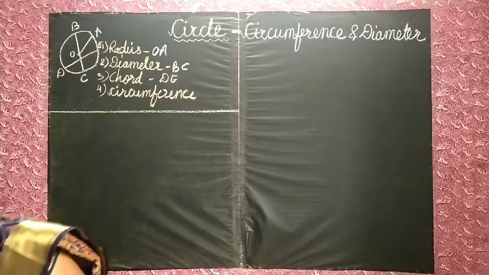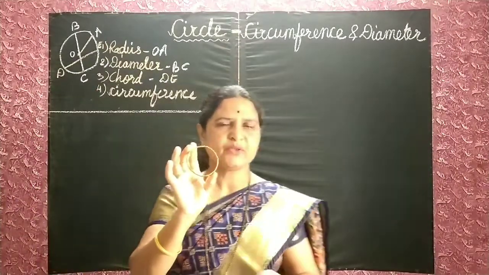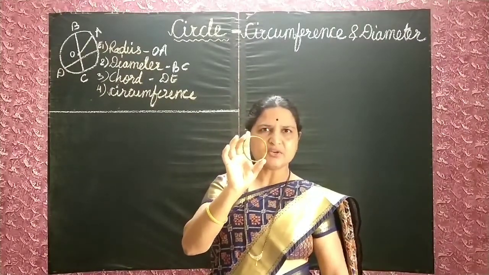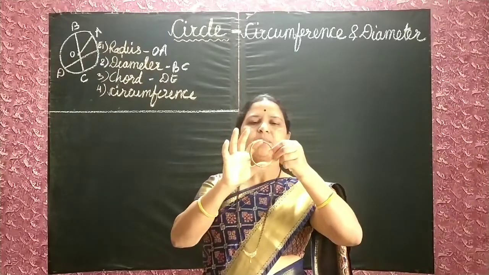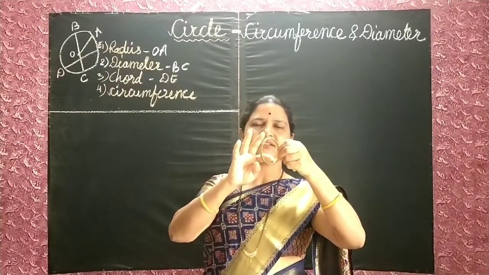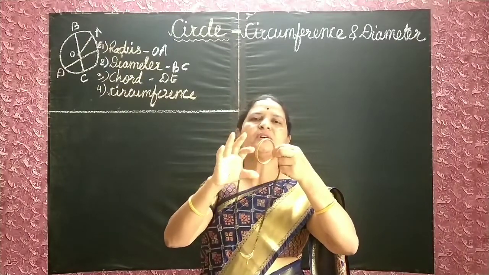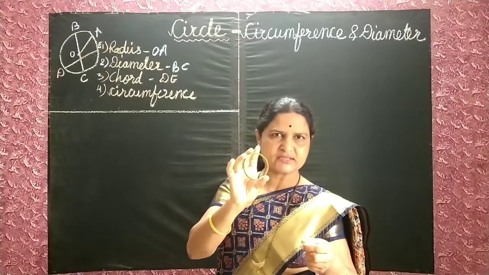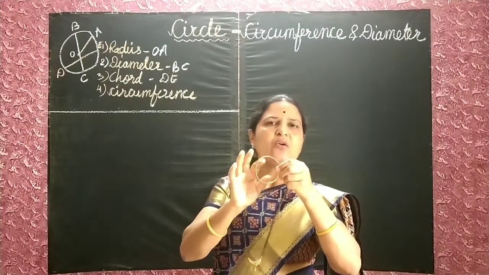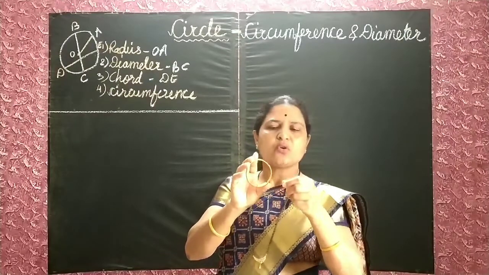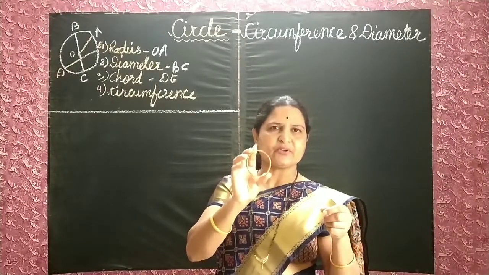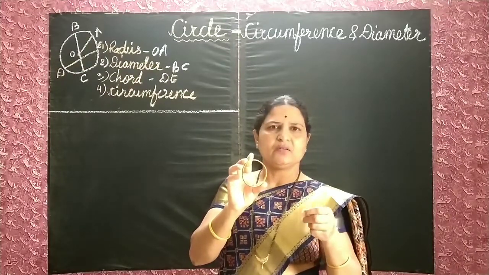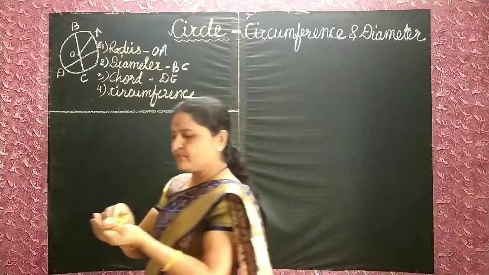See children, this is a bangle, and this bangle is circular. This outside portion is called the circumference of the circle. If you measure the circumference of this bangle and the diameter of the circle, their ratio remains constant, and it is a little bit over 3.